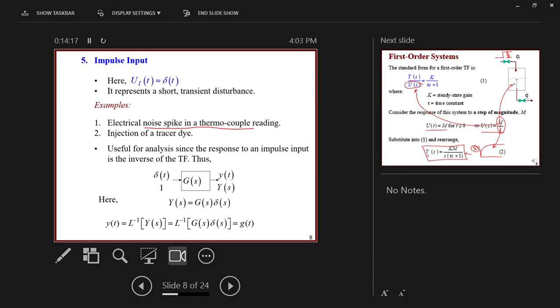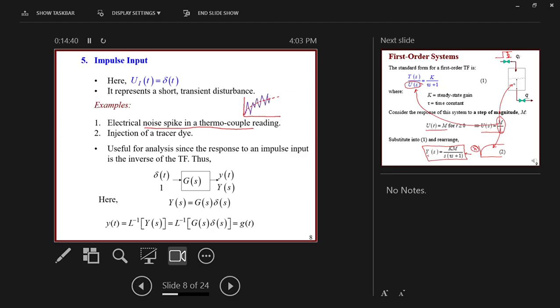The thermocouple reads the temperature, and this reading will not happen smoothly. Like in books we say something like this, but in reality this change contains noise, and because of this noise the temperature reading will not be like this, so it will be something like this.